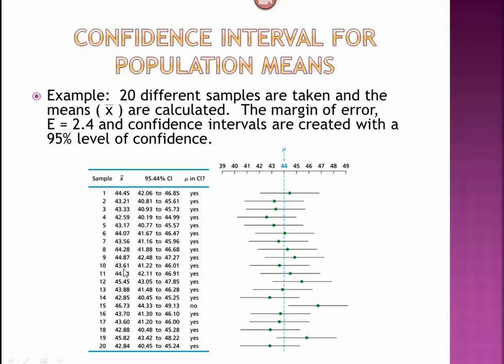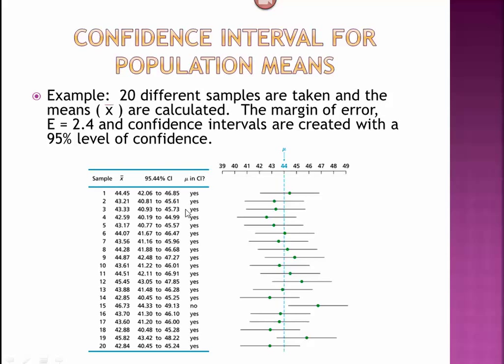All 20 different samples produced a different mean, a different x bar. But regardless of what our sample produced, we used the same margin of error for each. In other words, we subtracted 2.4 from 44.45 and added it as well, so we got lower and upper boundaries for each.